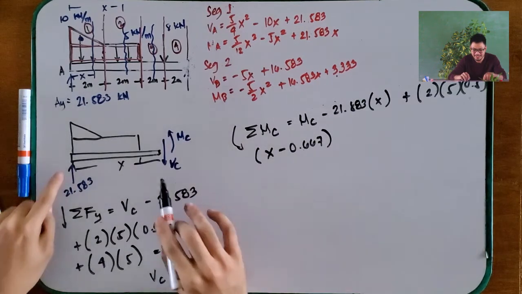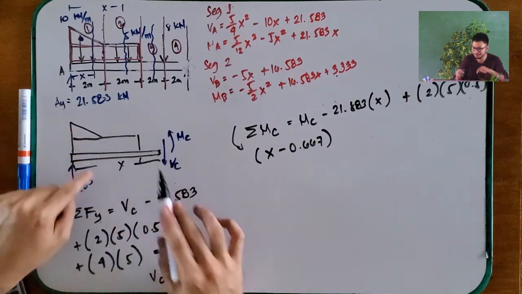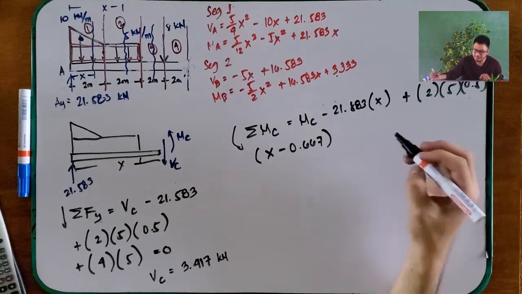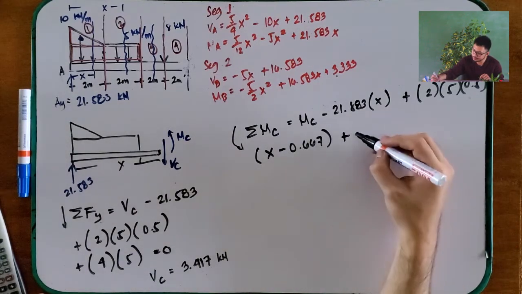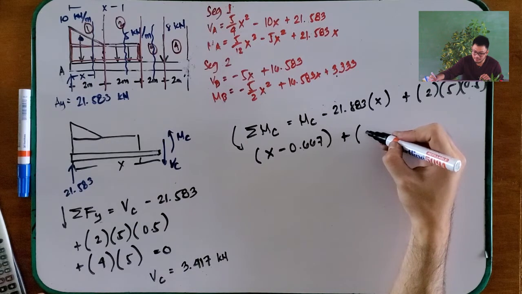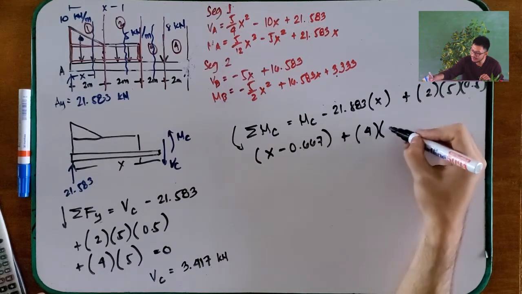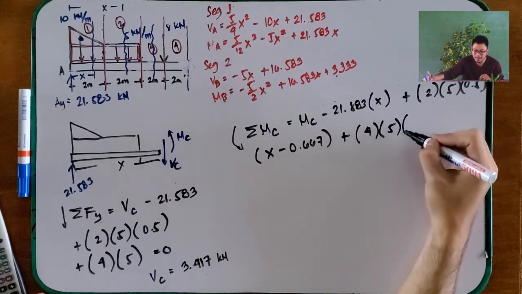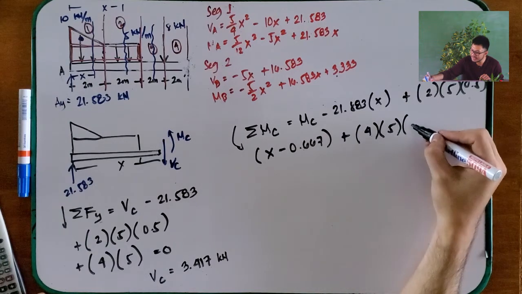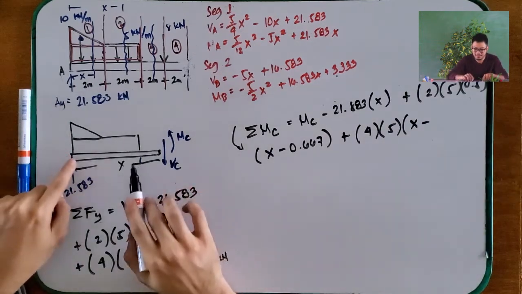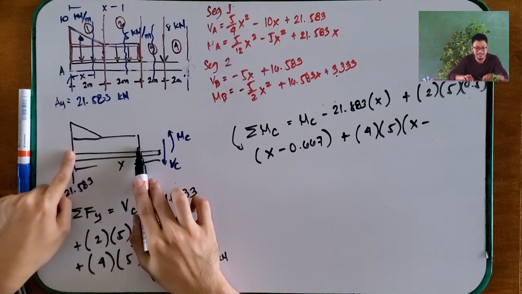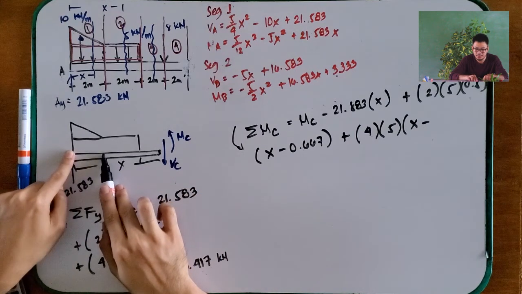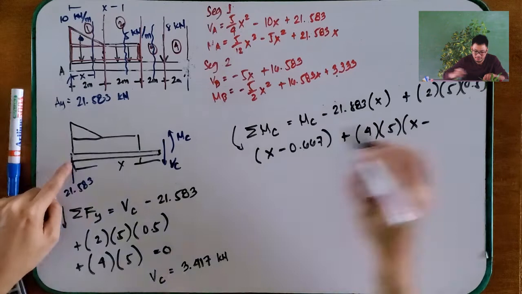Then plus base of 4 times height of 5 times moment arm, which is x minus, since the length is 4, half of that is 2. So that is x minus 2.